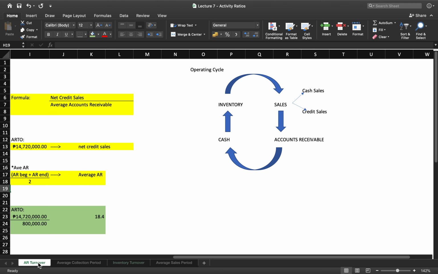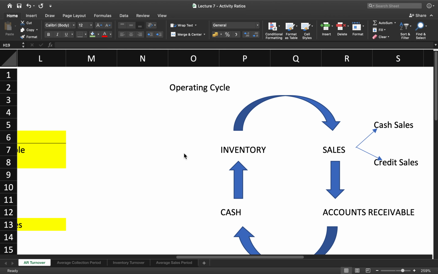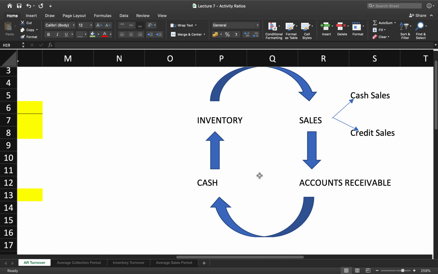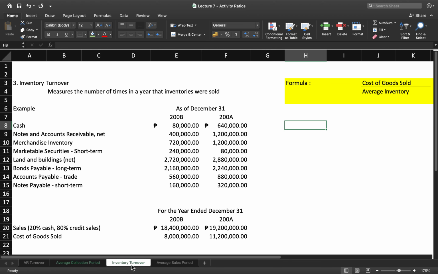So, tingnan natin yung diagram. So, 'di ba? Yung inventory natin, anong goal natin? Ma-convert siya into sales. Pag naging sales na ang ating inventory, anong tawag sa kanya? Cost of goods sold. Okay. So, number of times in a year that inventories were sold.